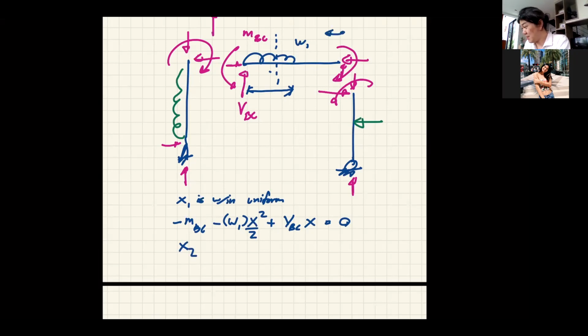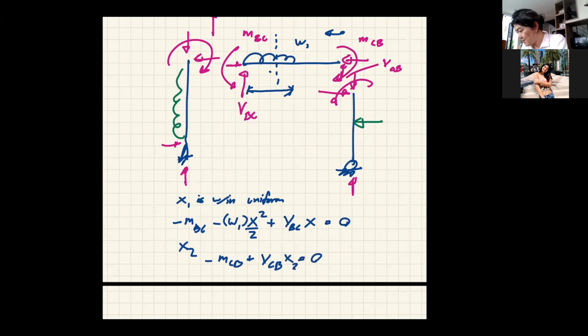So that becomes, let me call this CB, and then this is VCB. So that's pretty easy. For x2, that becomes minus MCB plus VCB multiplied by x equal to 0.